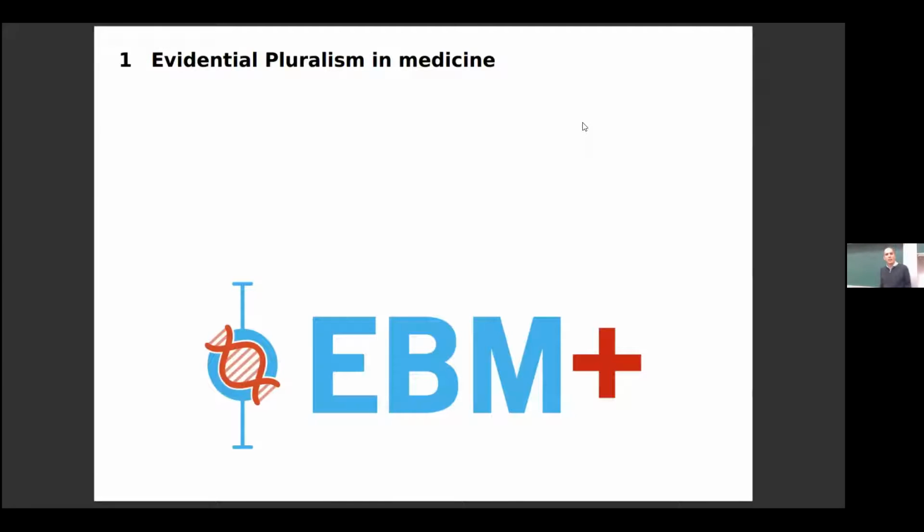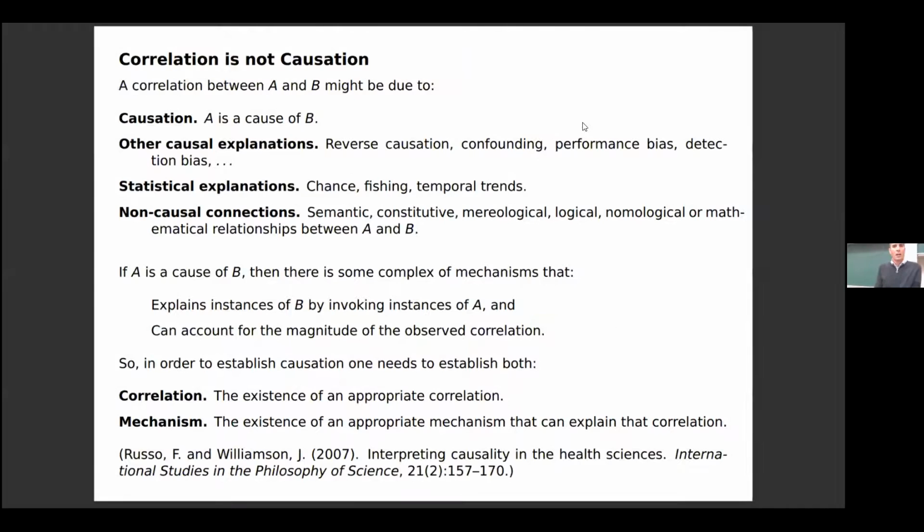So what is evidential pluralism in medicine? The motivation starts from the platitude that correlation isn't causation. Why do we have this platitude? Because an observed correlation between two variables A and B might be due to one of a large number of possible factors.